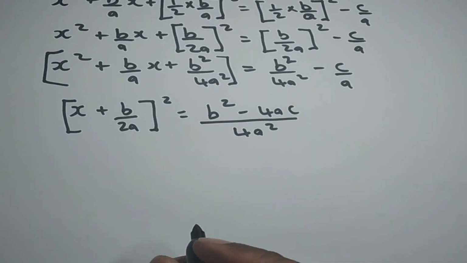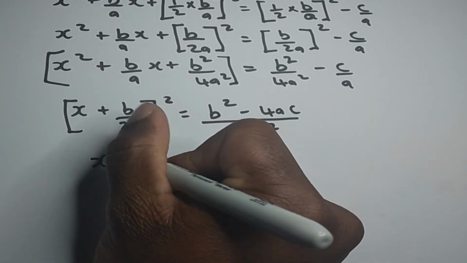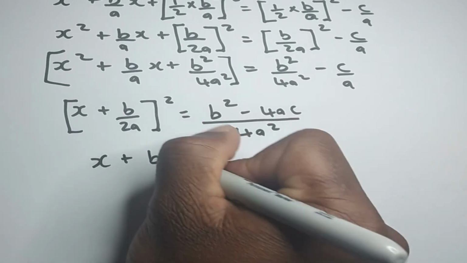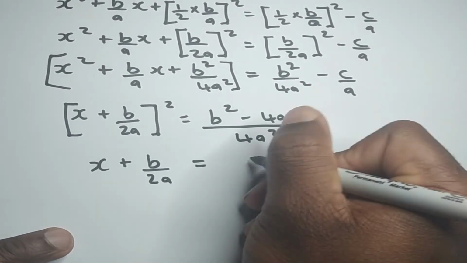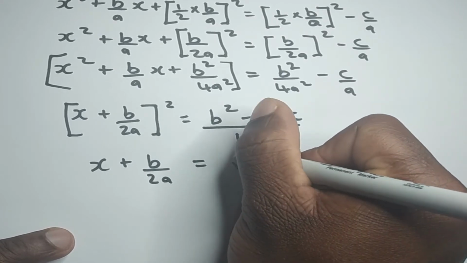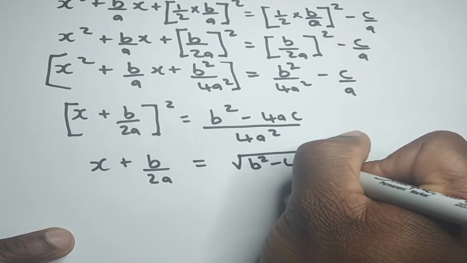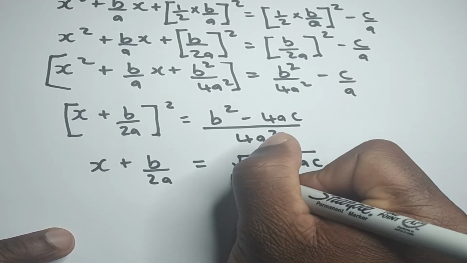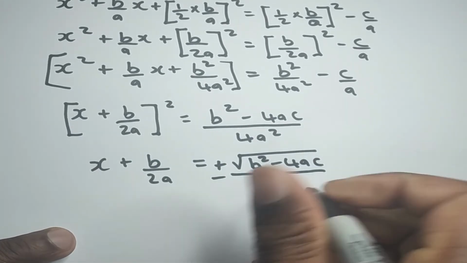Now we can square root both sides. If we do that, we're left with x plus b over 2a on this side. And if we square root the numerator on this side, we'll end up with b squared minus 4ac. The square root of the denominator gives us 2a, plus or minus.